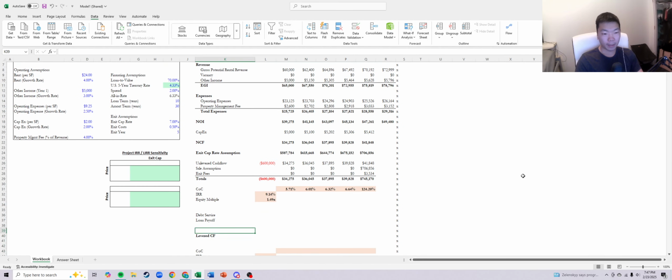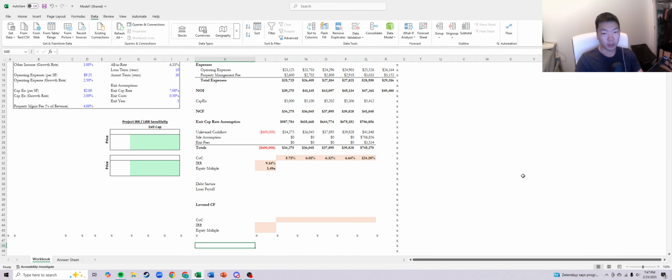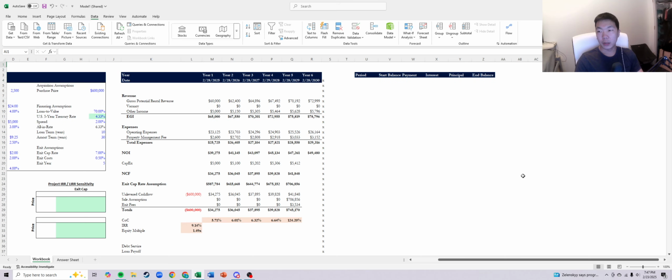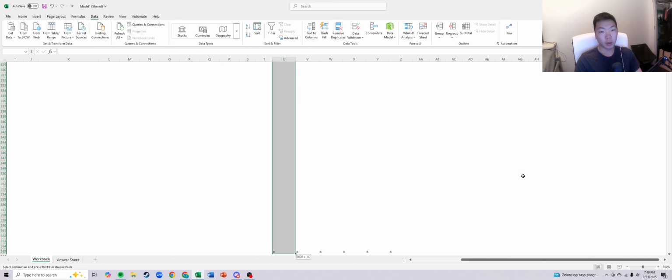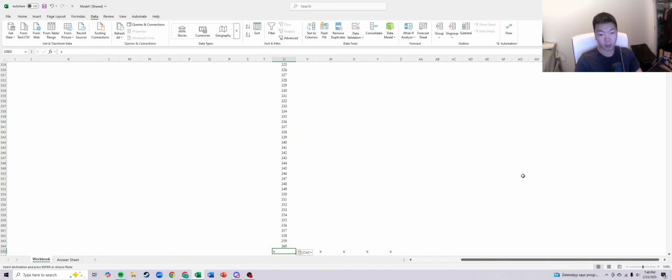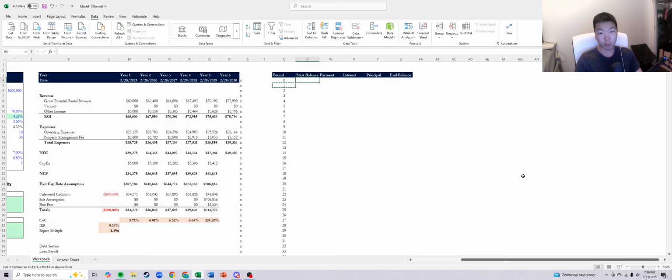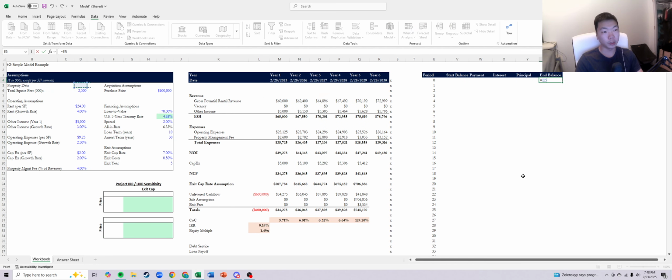Alright, now let's do our leverage stuff. Debt service, I don't know that, so let's calculate it. We're going to start with 0. Range of 60 months. Our end balance would be our loan amount, which is our purchase price times our loan to value.